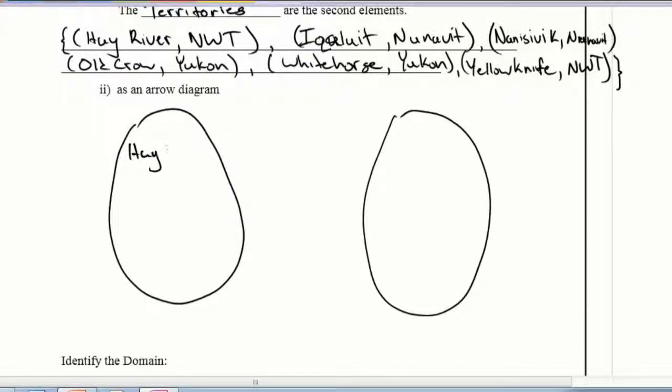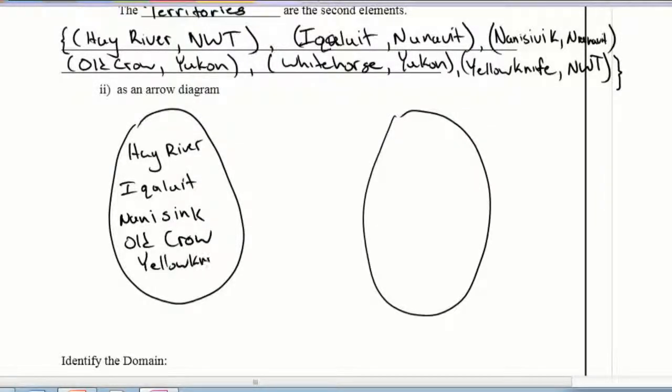So I had Hay River, I had Iqaluit, Old Crow, Yellowknife, and Whitehorse. So those were all the elements of my first set.